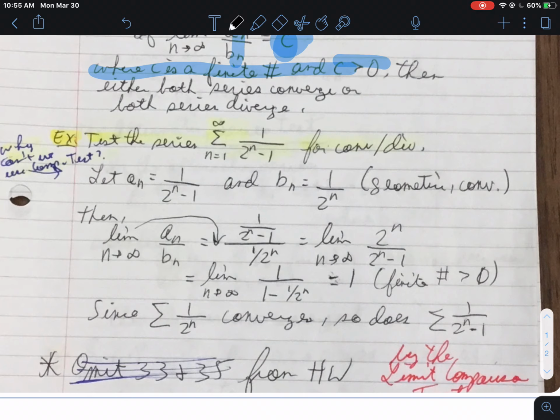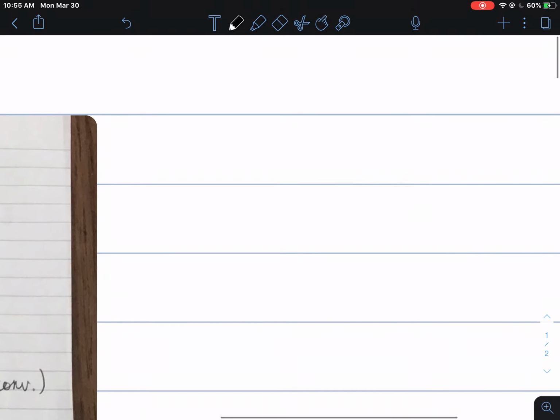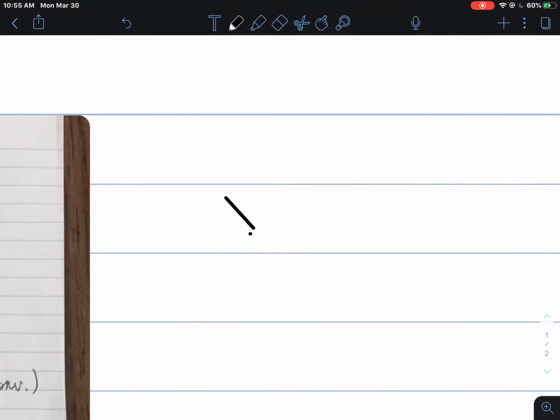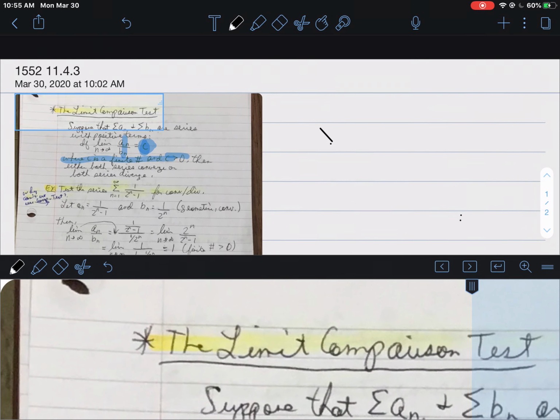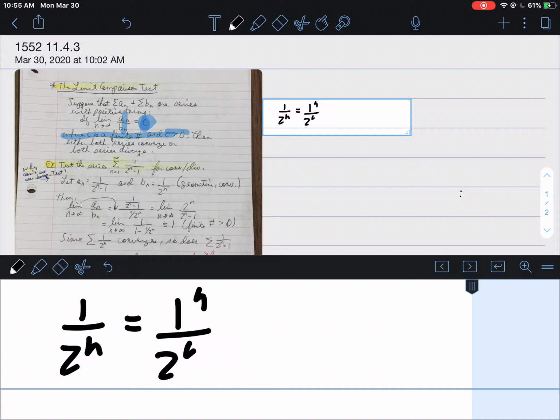So first of all, recognize I'm comparing it to 1 over 2 to the n. What type of series is that? And that is a geometric series. Remember we said when I'm looking at those constants raised to a power, 1 over 2 to the n is 1/2 to the n.